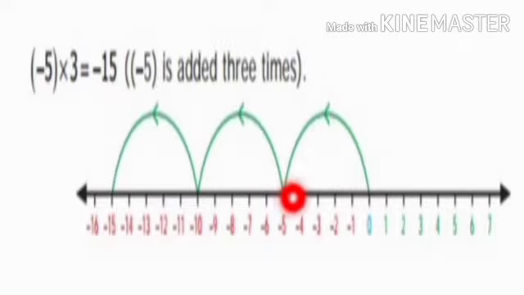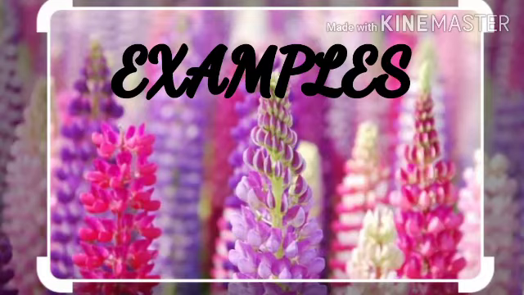Here minus 5 is multiplied 3 times. So we need to repeat this 2 more times as we have already jumped 1 time. That is 2 times, 3 times. So at the end we land on minus 15, which is the answer of minus 5 into 3. Students, let us see some examples.